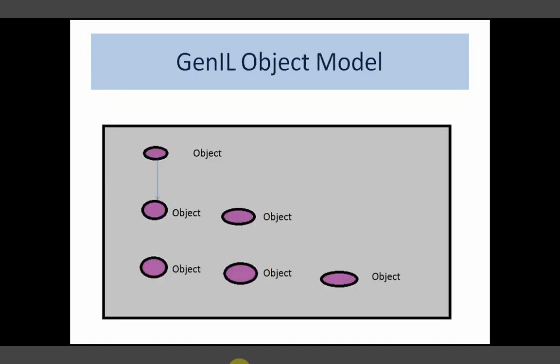So that's why we need to look into the object model. What does the object model contain? A group of objects with relations. To fetch data, it traverses in a hierarchical way.